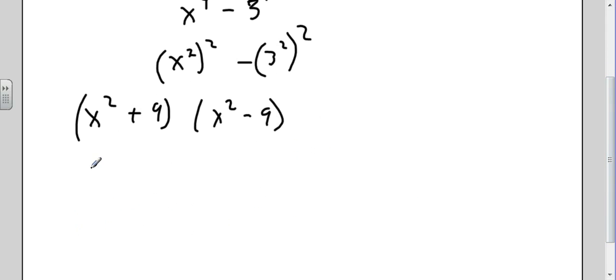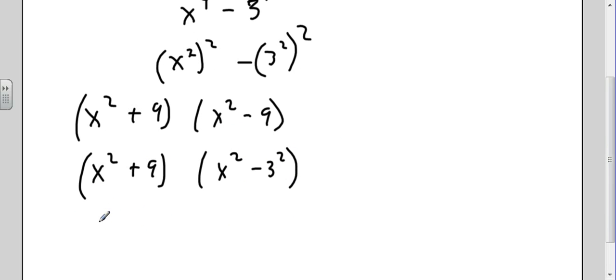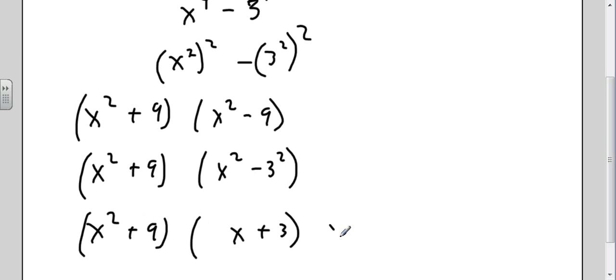And then I could recognize this guy as x squared minus 3 squared. So I could rewrite it x squared plus 9 times x plus 3, x minus 3. That will work out just fine.